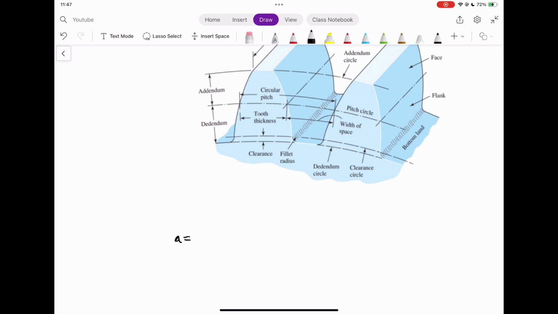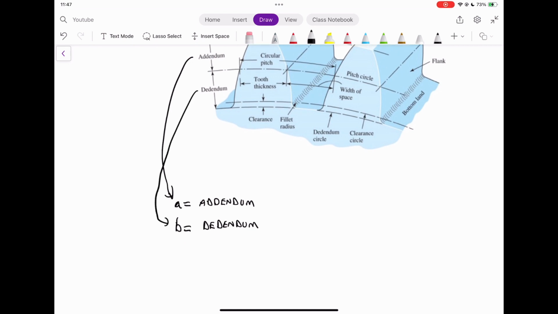So a few more things. I just copied the diagram again. Lowercase a is equal to the addendum. Lowercase b is the dedendum, and essentially the addendum and dedendum are the addition above the pitch circle and the deduction under the pitch circle of the tooth. So the core of the tooth being addendum and dedendum.